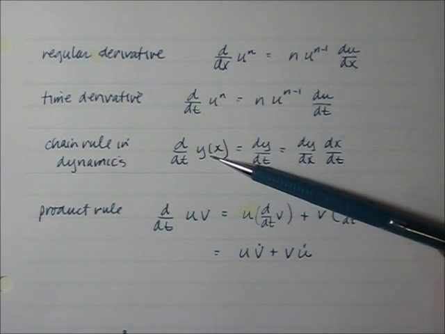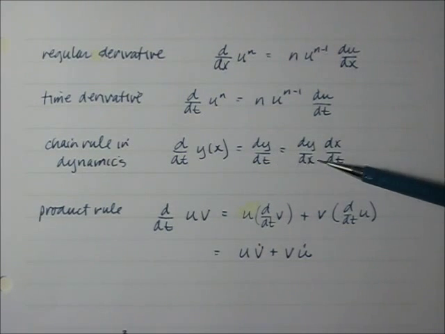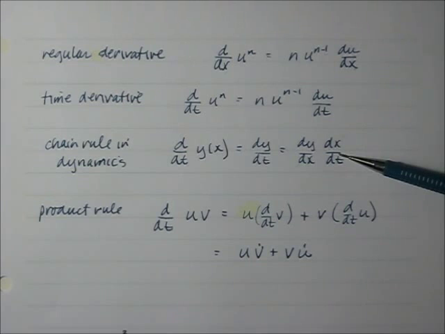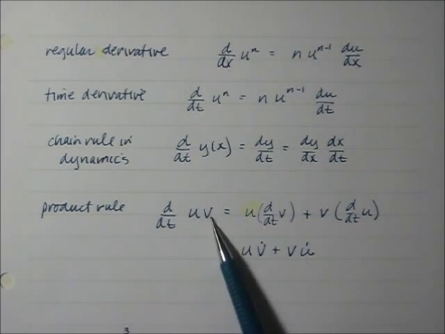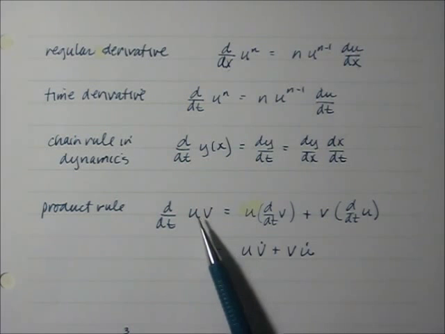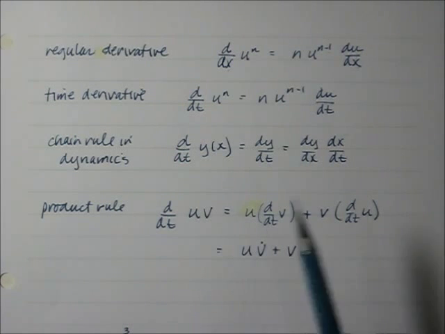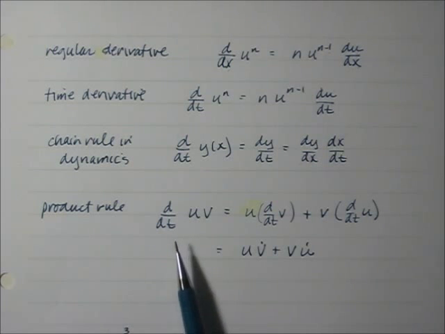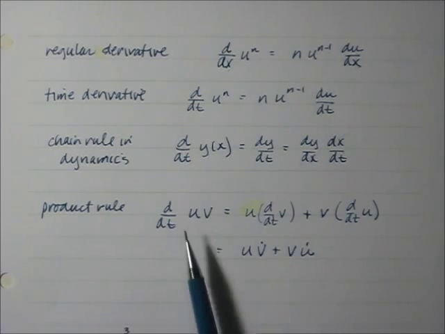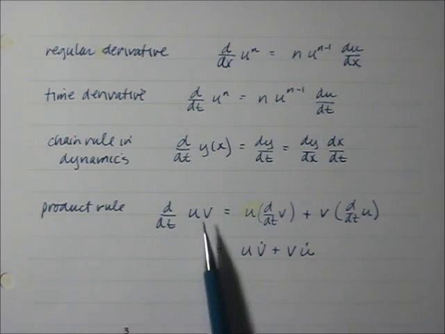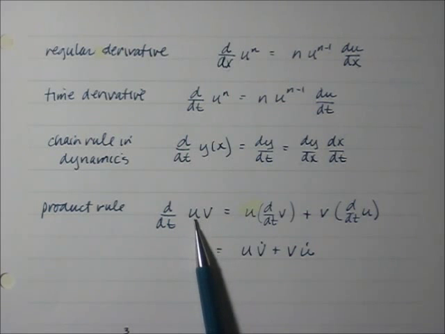But doing that, you can make sure that your equations are set up properly. So in other words, to take the time derivative, you take dy dx and then multiply it by dx dt. If you happen to have a product, with two terms that could be functions of x or functions of time, and you want to take the time derivative of that, recall that to take the derivative of a product we use the product rule: u times the derivative of v plus v times the derivative of u.